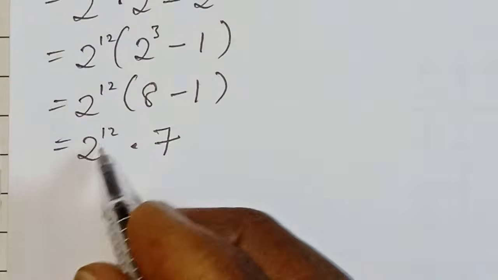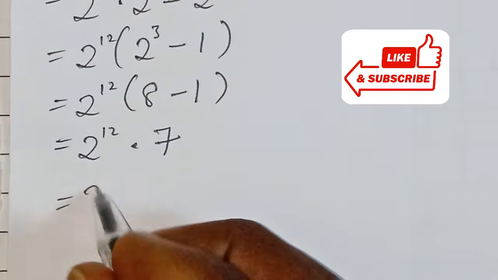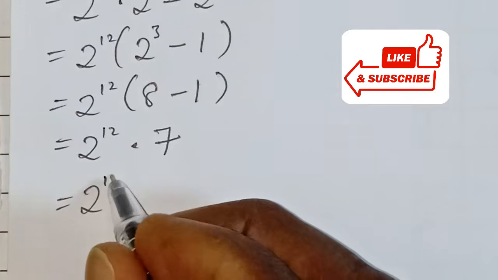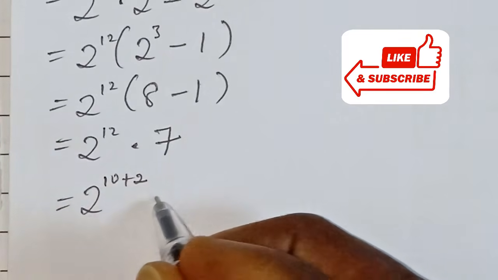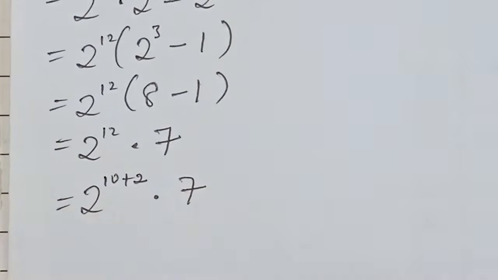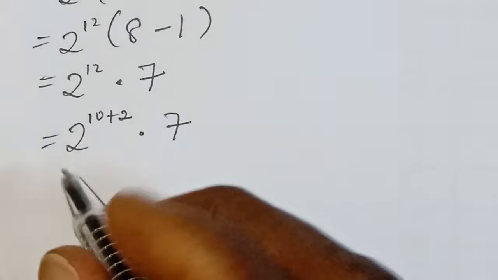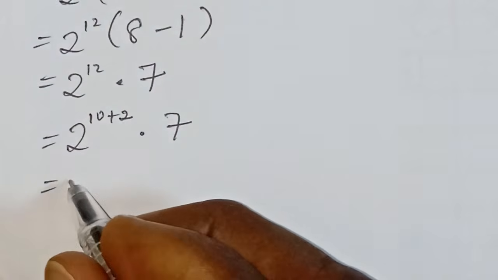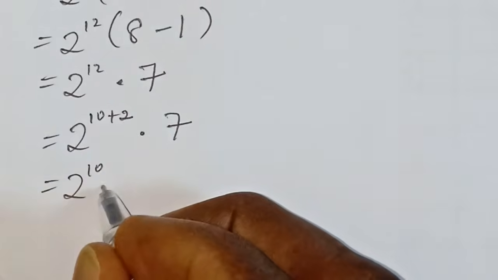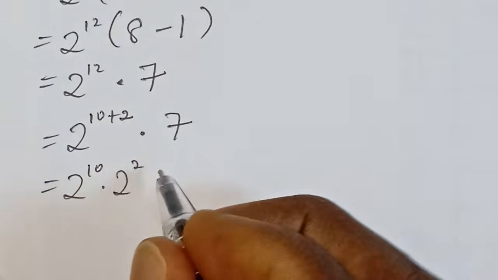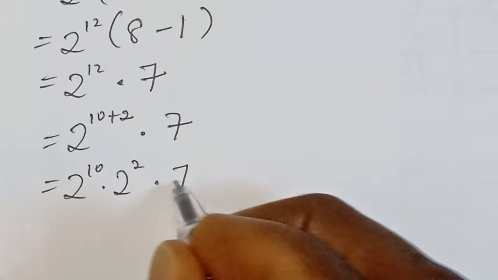And this can also be split as 2 raised to power 10 plus 2, multiplied by 7. Considering our earlier identity, we can also write this as 2 power 10 multiplied by 2 power 2 multiplied by 7.